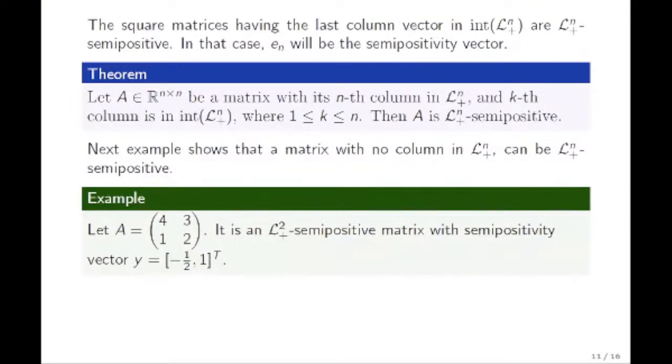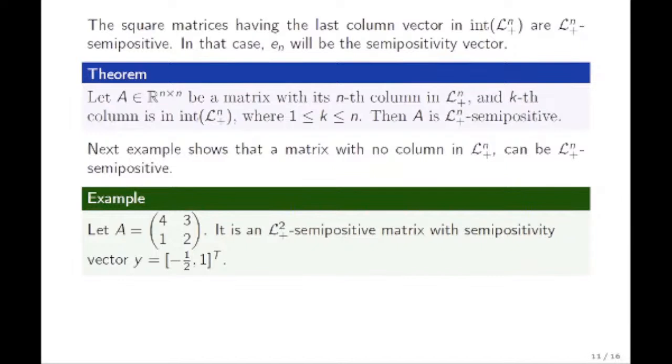Next, we discuss Ln plus semi-positive matrices having their last column in Ln plus. If a matrix has its last column in the interior of Ln plus, then A of en will be in the interior of Ln plus, and as en also belongs to the interior of Ln plus, it gives that A is Ln plus semi-positive, and the same positivity vector is en.